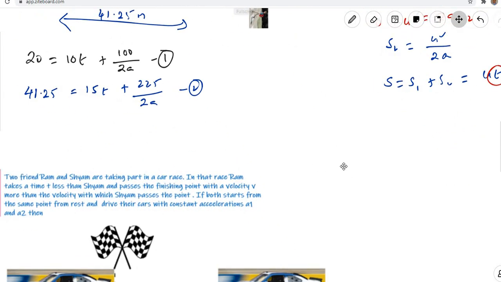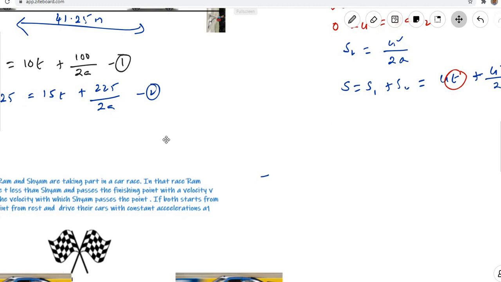Let's see how to solve the two equations. We have to eliminate a. So I'll get the value of 2a from the first equation right here.